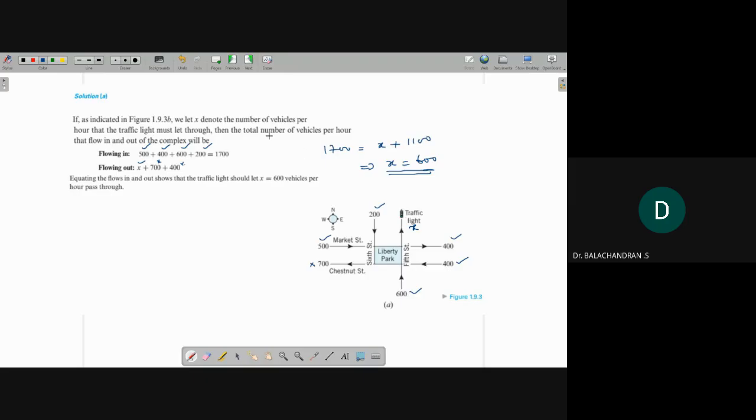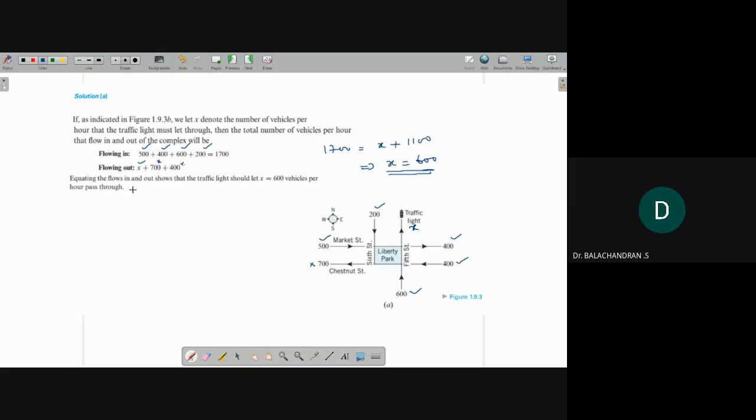The total number of vehicles per hour that flow in and flow out of the complex: flowing in, I already told you, is 1700. Flowing out is x plus 1100. So equating the flow in and the flow out shows the traffic light should let x is equal to 600 vehicles per hour pass through.